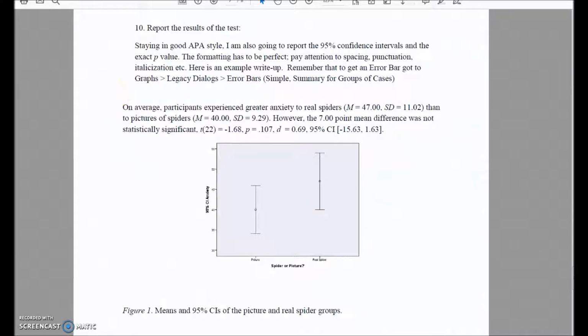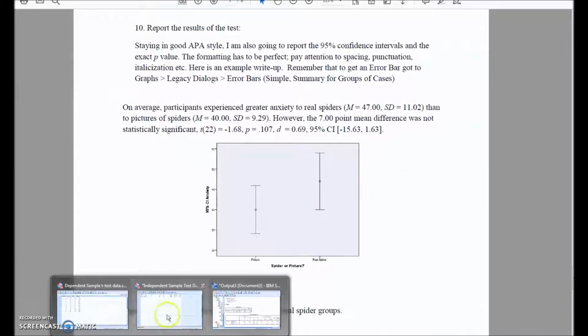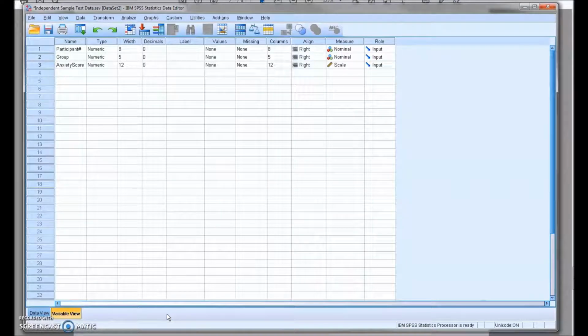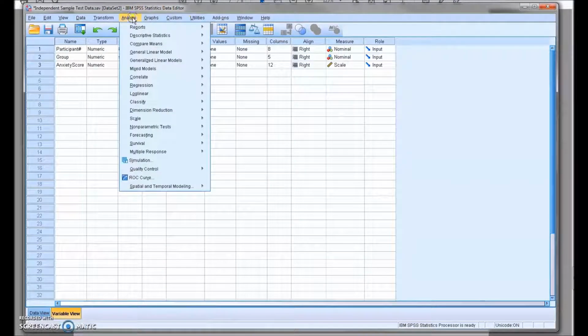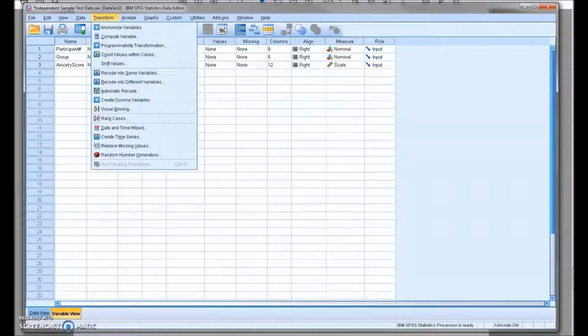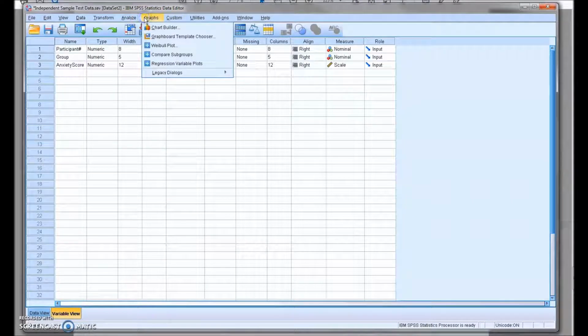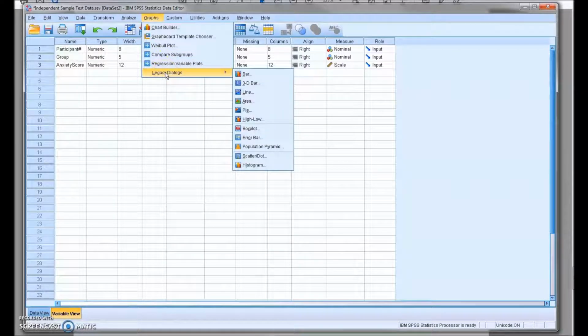Let's go over there. So I go back to my data. This is my data. I click on Graphs, and then I click on Legacy Dialogs, and what I want is the Error Bars.